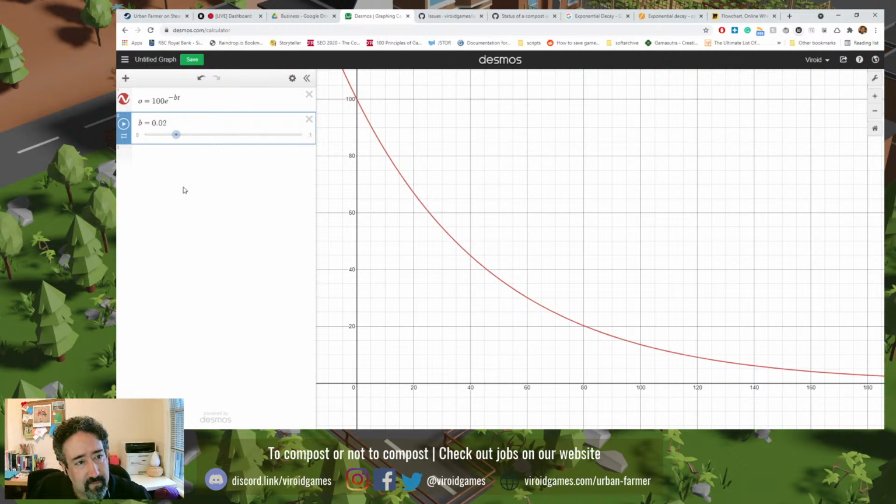And wow, not in a linear way though, because when you do 50 hours, if it's losing 2% every hour, this should hit zero in 50 hours. But that's the beauty of this equation. So in 50 hours, you're actually around 37%.